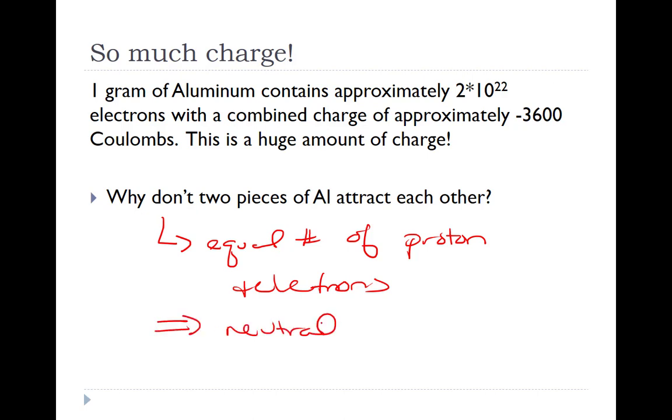Opposites attract, likes repel. Neutral objects are attracted to charged objects, but most everything in this world is neutral. Therefore, this attraction isn't always apparent or always happening.